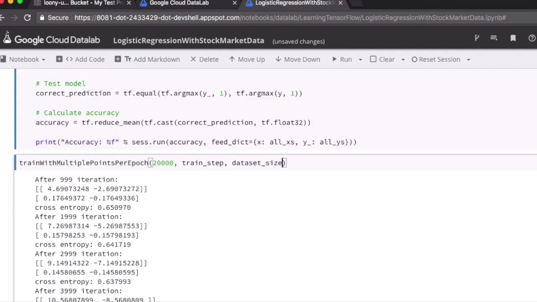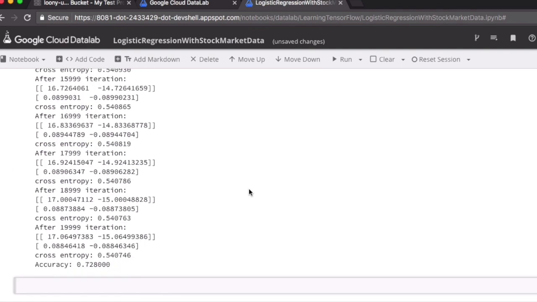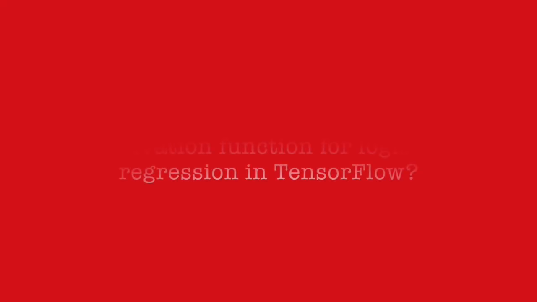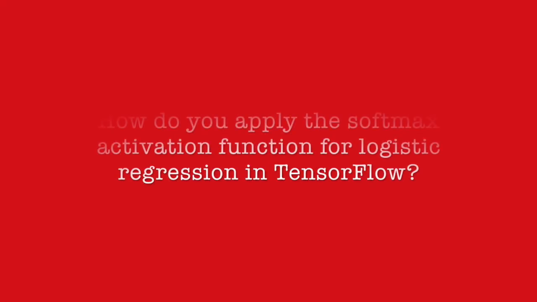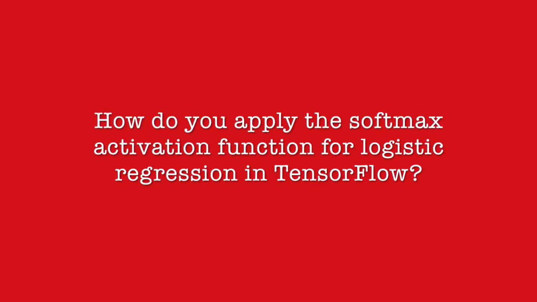We'll train our model once again, but this time we'll use a batch size equal to the entire dataset. We'll include the entire dataset in the batch. Once you run the model in this manner, you'll find that the accuracy matches what we got from our baseline implementation. It is 72.8.